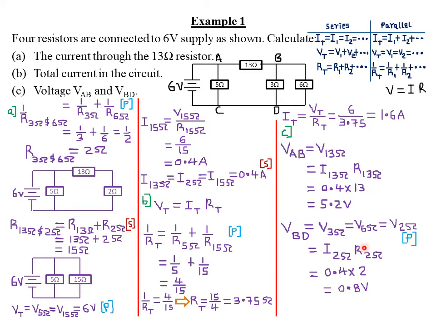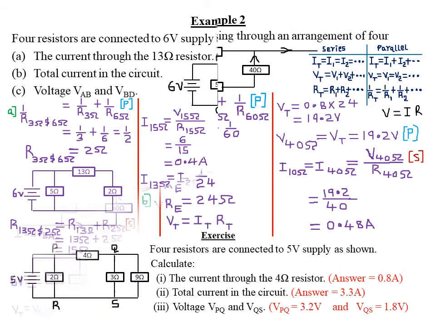The current through the 2 ohm resistor, we had already computed here, was 0.4 amperes, times the resistance through the 2 ohm resistor, which is of course 2 ohms. So this will give us 0.4 times 2. We simply get the total voltage through points B and D as being 0.8 volts.